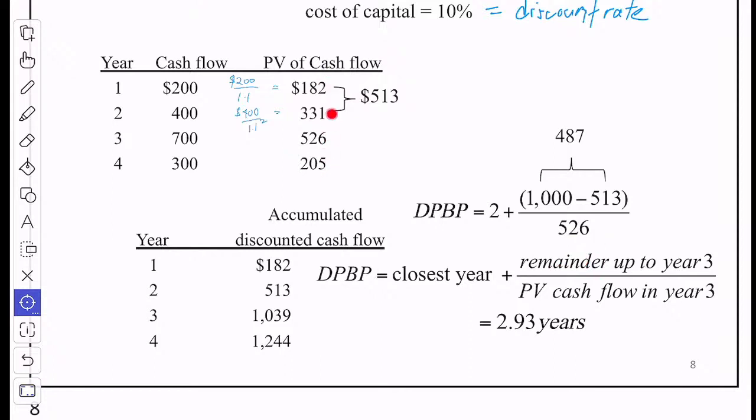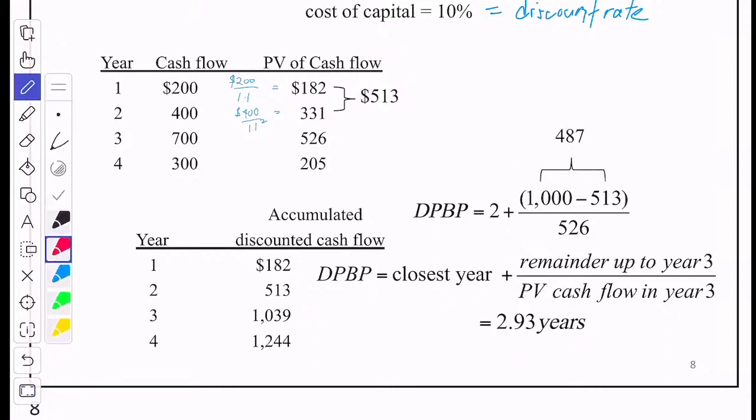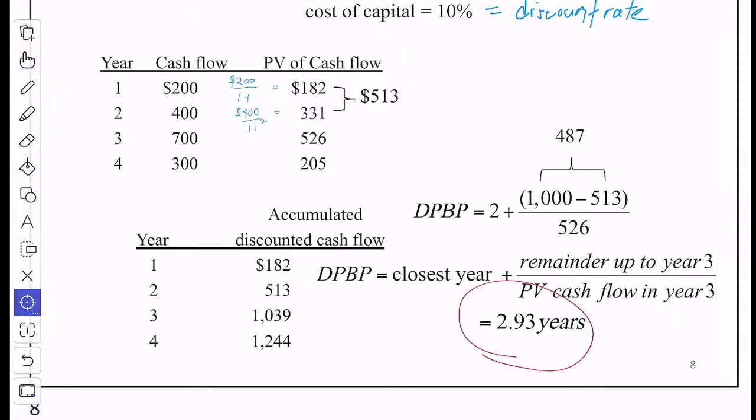Remember, you have to go back to these ones. This was just used to figure out what remains to be collected or recovered. So this is a much bigger number because our cash flows were discounted. So certainly with a rule of 1.5 years, this would not be accepted.